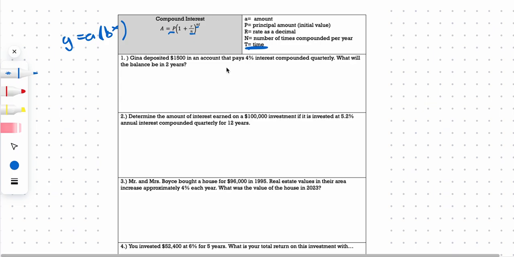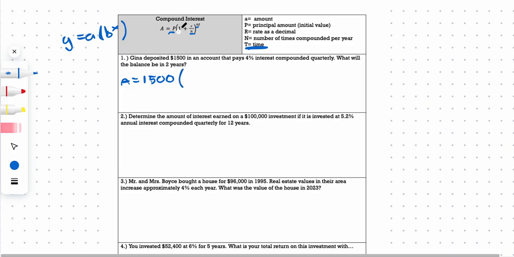What will the balance be in 2 years? So A equals, well, what's P? What's our starting amount? Principal amount. Well, it's $1,500 because she deposited $1,500 in the bank account. That's our initial value.